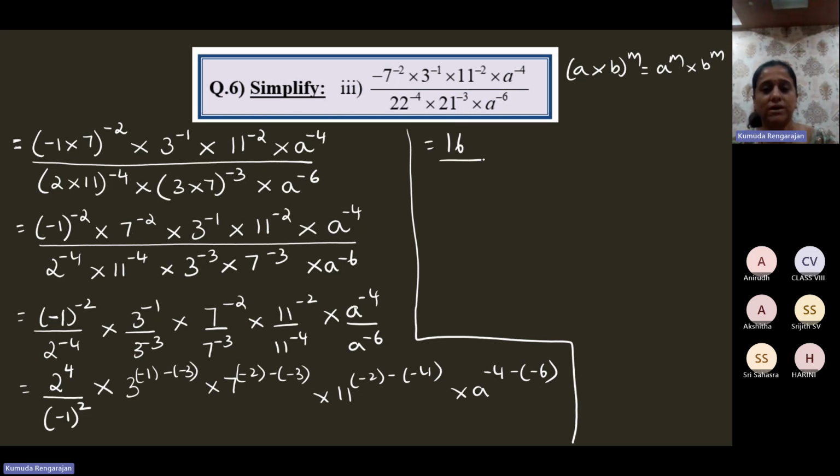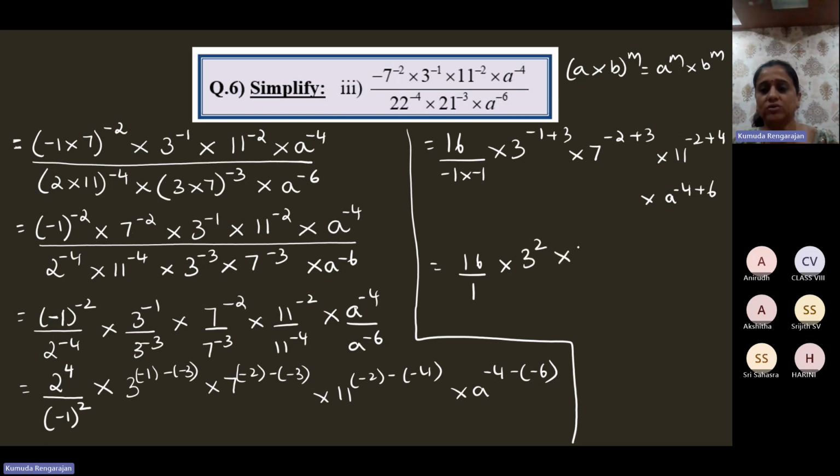16 by -1 into -1 into 3 to the power -1 plus 3 into 7 to the power -2 plus 3 into 11 to the power -2 plus 4 into 8 to the power -4 plus 6 is equal to 16 into, because you know -1 into -1 is 1, 3 to the power 2 into 7 to the power 1 into 11 to the power 2 into 8 to the power 2.